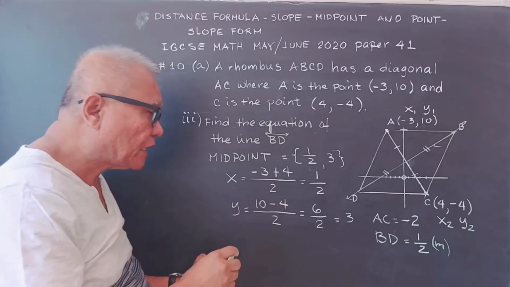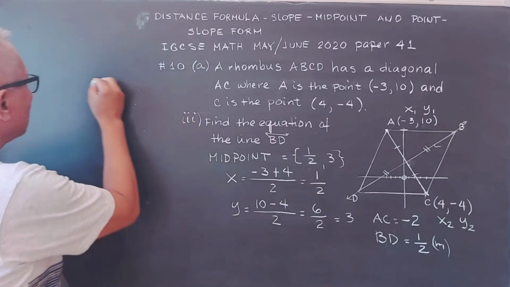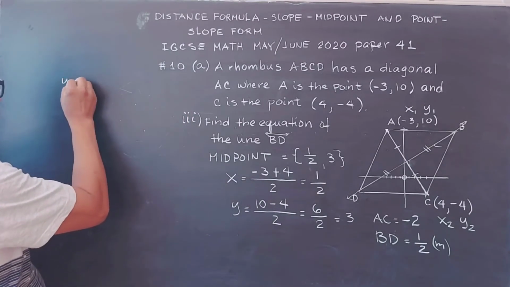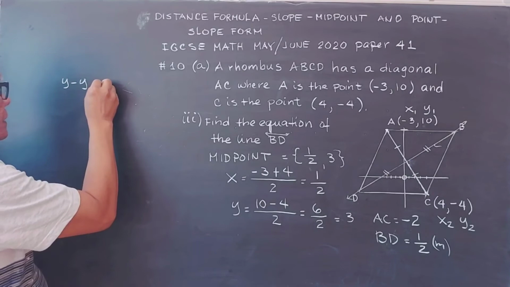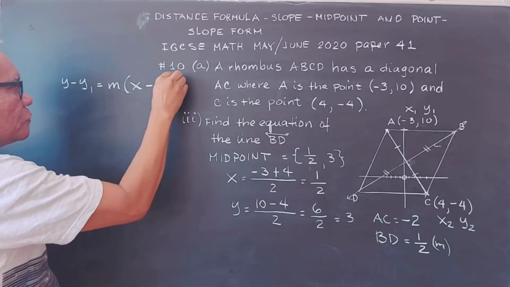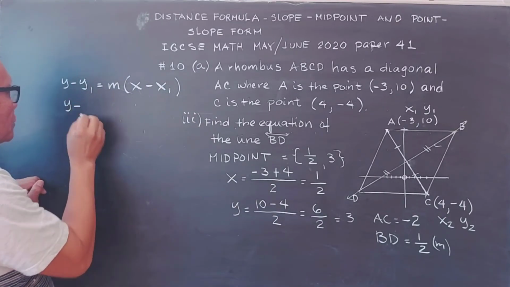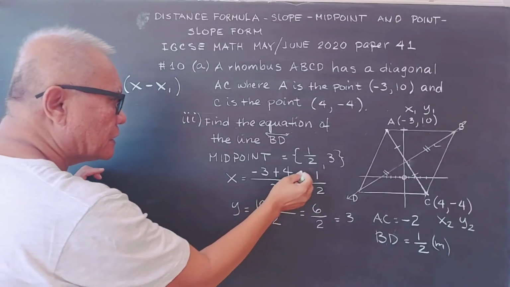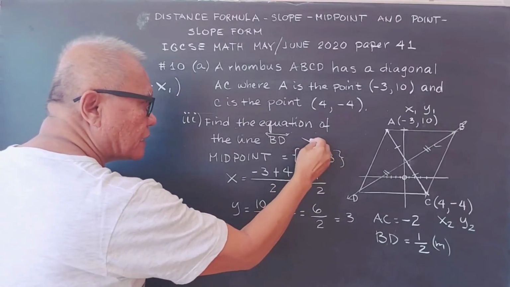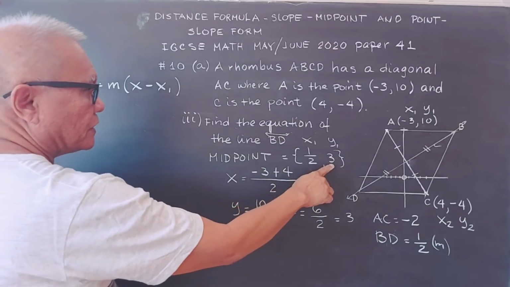Now we can use our formula, the point slope form, and this one is our point slope form again. y minus y sub 1 equals m times x minus x sub 1. And then y, of course, is still y, minus y sub 1. We are going to use this one now, class, x sub 1 and y sub 1. So y sub 1 is equal to 3.